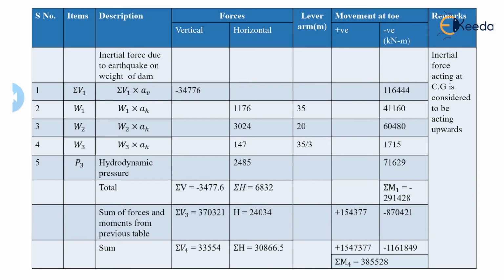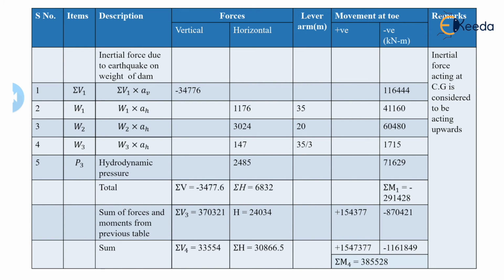Then in the horizontal direction, we have to multiply alpha H, the horizontal acceleration coefficient, with the weight of each section that we had already discussed. Please recall that slide. Whenever you want to solve any part, just refer to that slide and then solve.